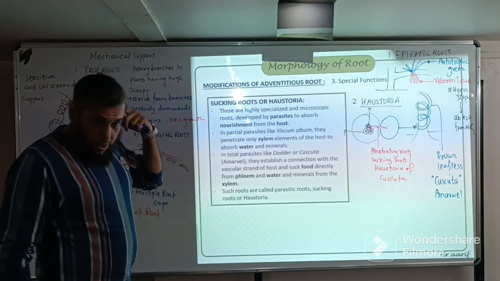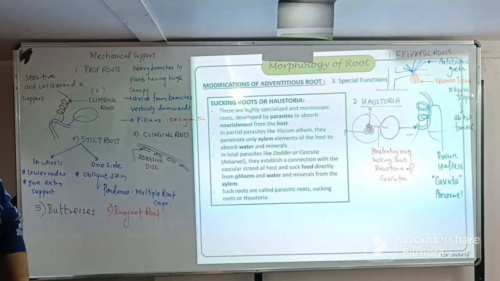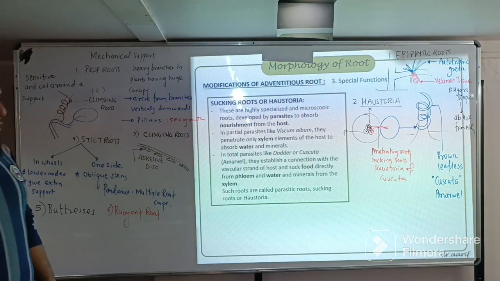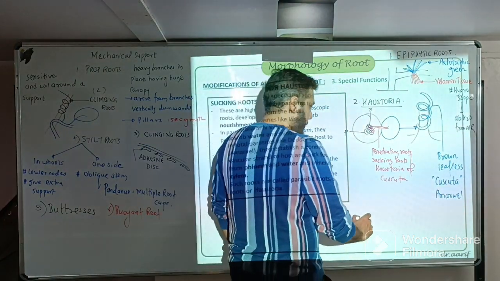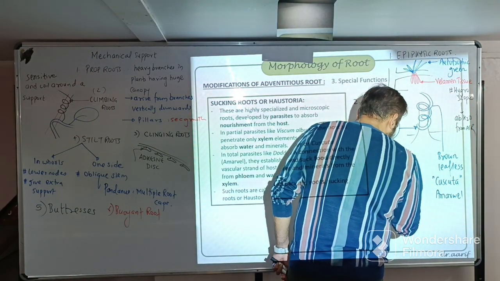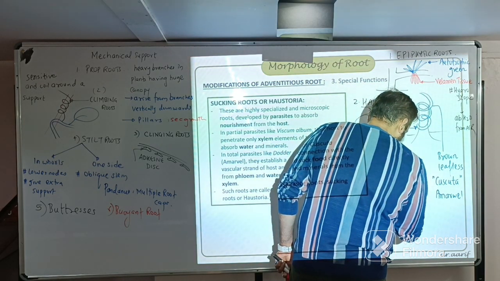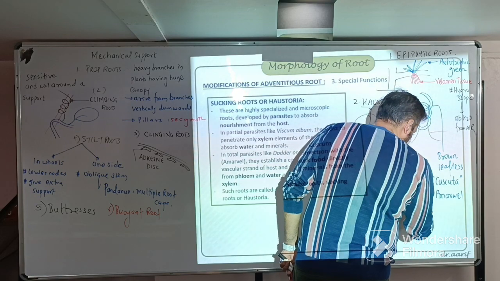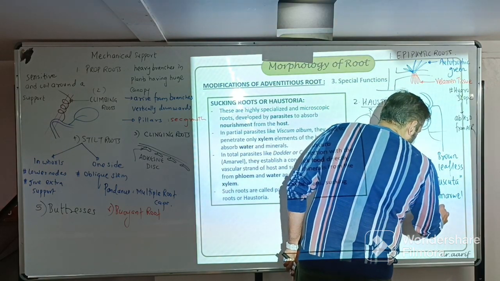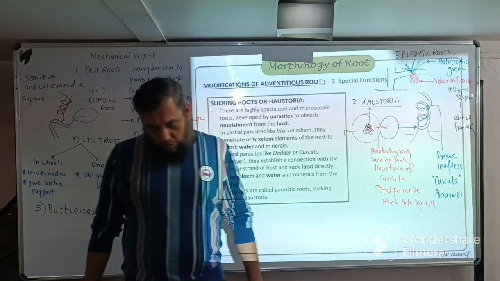Now my question is, does it reach only xylem, only phloem, or both? Both. That is why Cuscuta is a total parasite, because it reaches both xylem as well as the phloem.